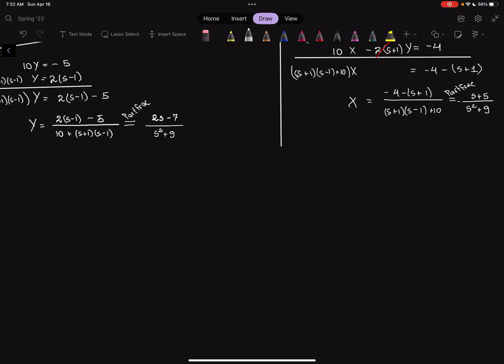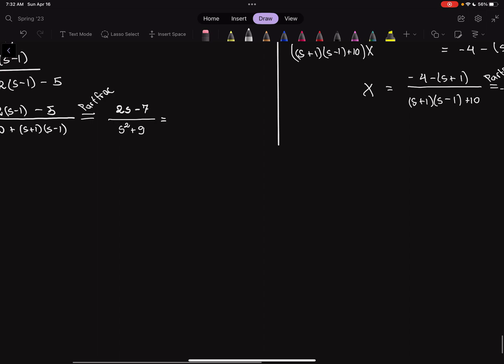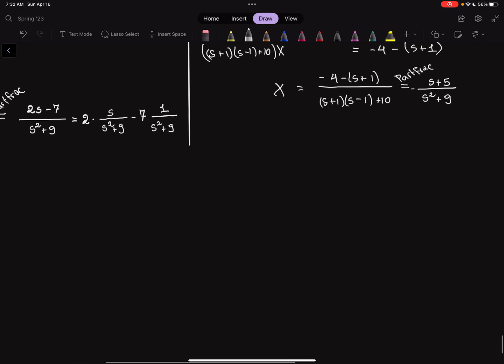So we could rewrite this top one as 2 times s over s squared plus 9 minus 7 times 1 over s squared plus 9. And this seems to be almost fitting a pattern. So for this one, we can almost apply the Laplace inverse.